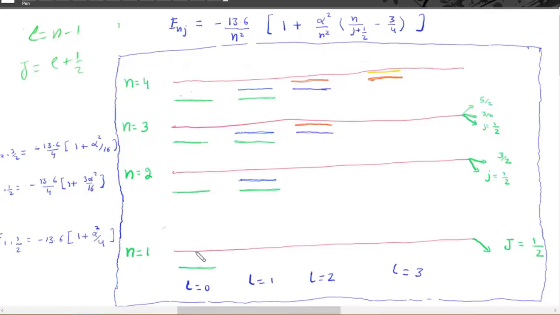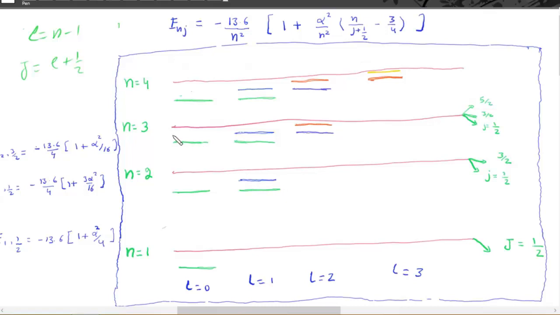Then the energy goes from here to here. Okay, the energy is lower for the n is equal to 1 state. Okay, this is this energy. And then for n is equal to 2, for L is equal to 0 there is this state, and for L is equal to 1 there are 2 states too, j half and j 3 divided by 2. Okay, this is the energy for the j value of 3 divided by 2.